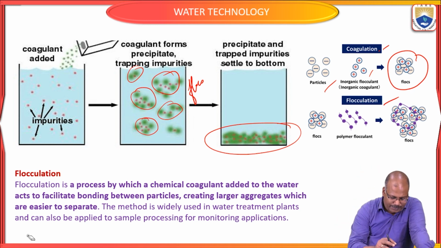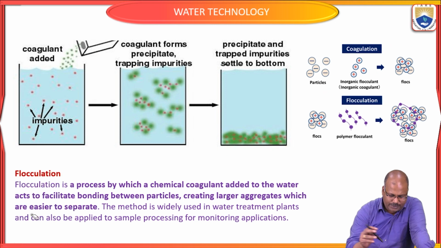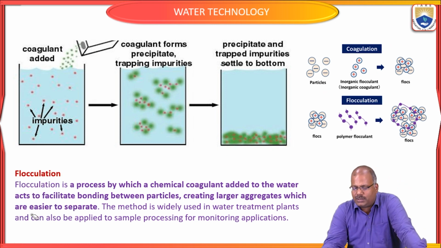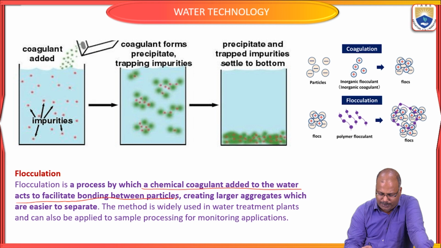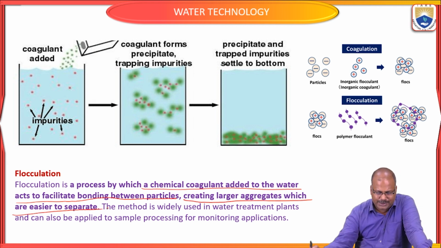Again, this is a very important one in water chemistry for treating water for safe drinking purposes. So flocculation is a process by which a chemical coagulant added to the water acts to facilitate bonding between particles, creating larger aggregates which are easier to separate.